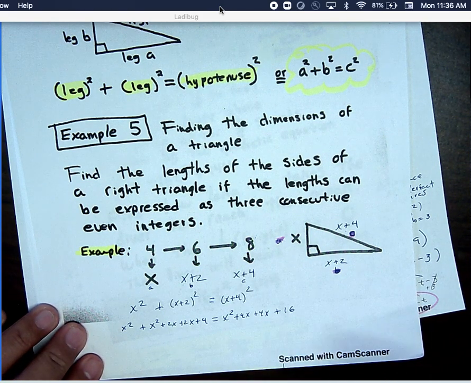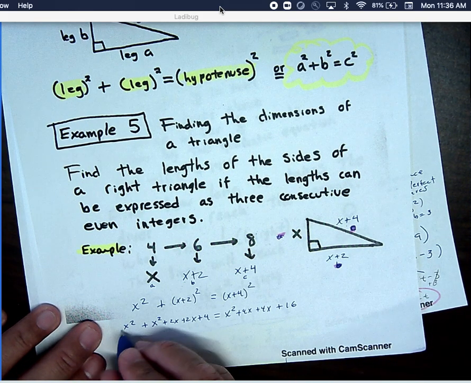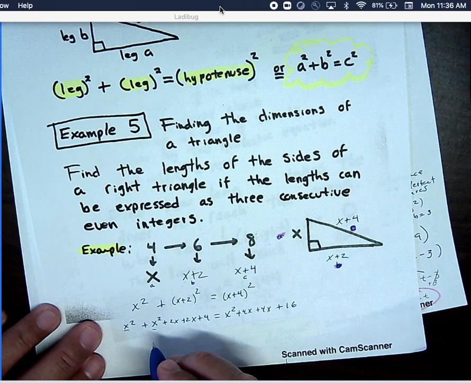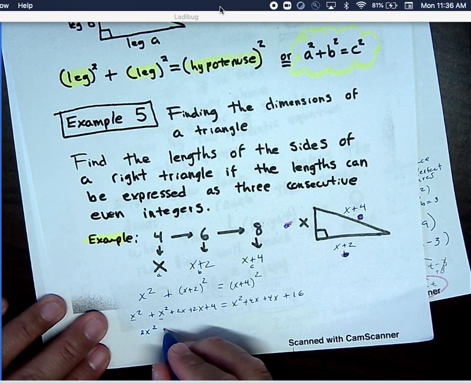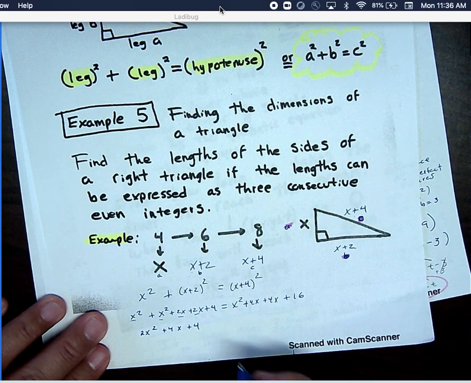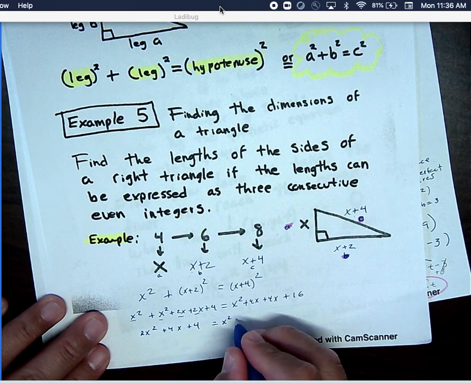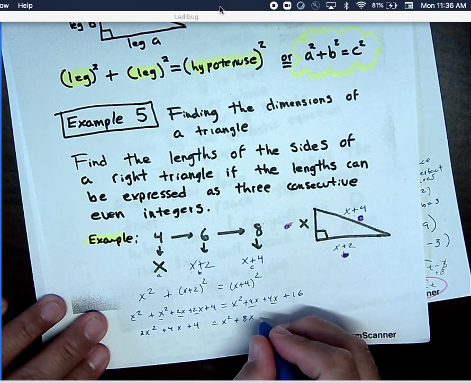Okay, so combining like terms, this gives me 2x squared plus 4x plus 4. Right, I combine these two also. Equals x squared plus 8x, right? These two, plus 16.